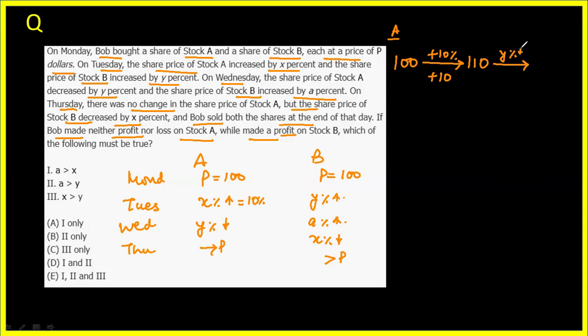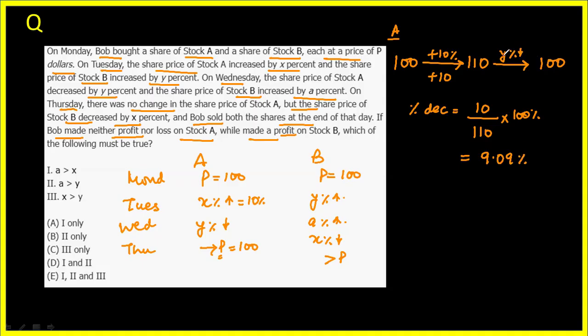Now, what should be the value of Y? It should decrease by Y% such that after this decrease, the price is again equal to 100. That means the percentage decrease from 110 to 100 is 10 divided by 110 times 100%, which is nothing else but 9.09%.